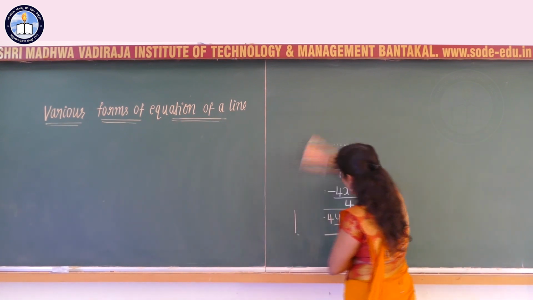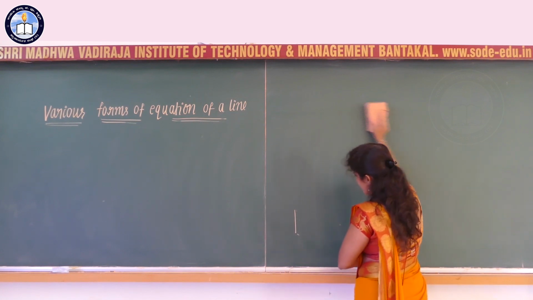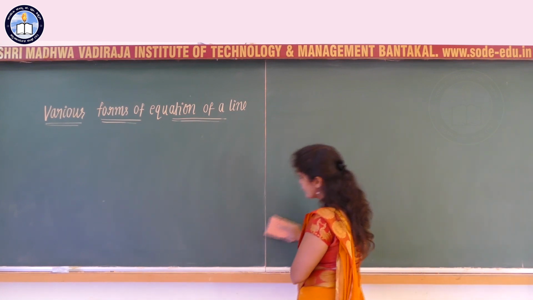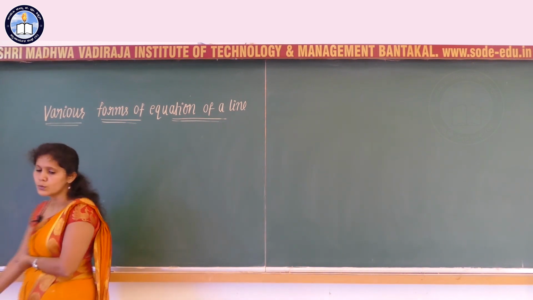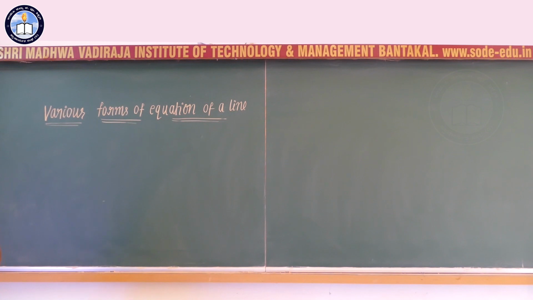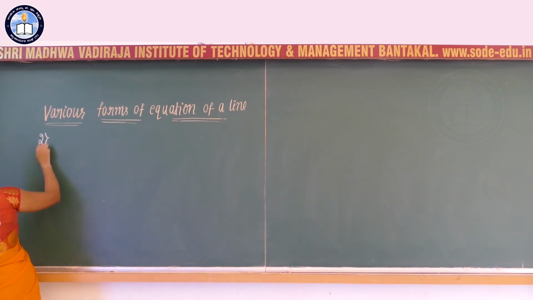Second one is nothing but we are going to consider the slope point formula. So what is meant by the slope point formula? Let us discuss, and after that the problems which are related to the slope point formula. So the second form, that is nothing but the slope point formula.